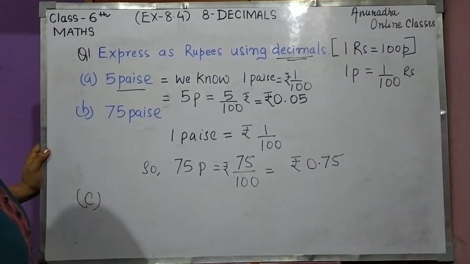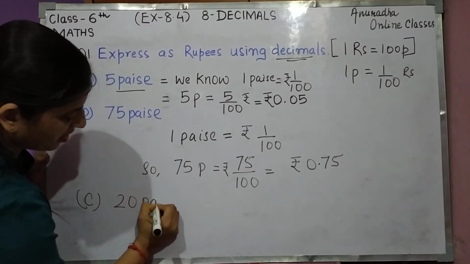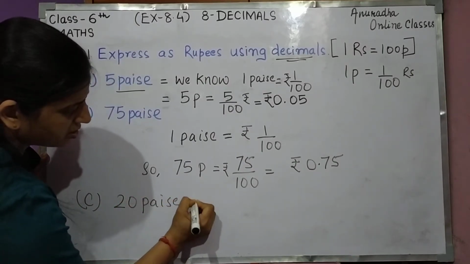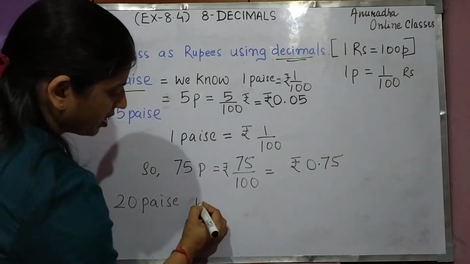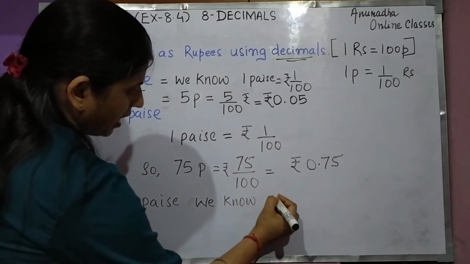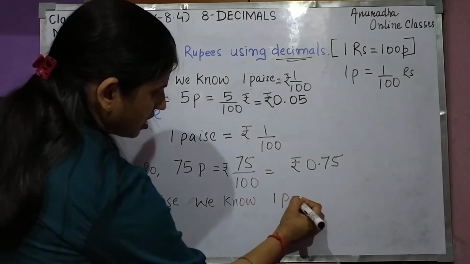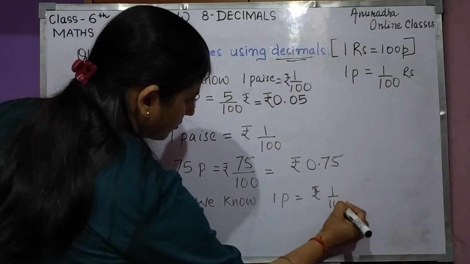Let's come to the C part. C part is what? 20 paisa. 20 paisa is equal to, see children, firstly you have to write we know, है ना? तो इसको हम लिखेंगे, we know that 1 paisa is equal to rupees 1 upon 100.